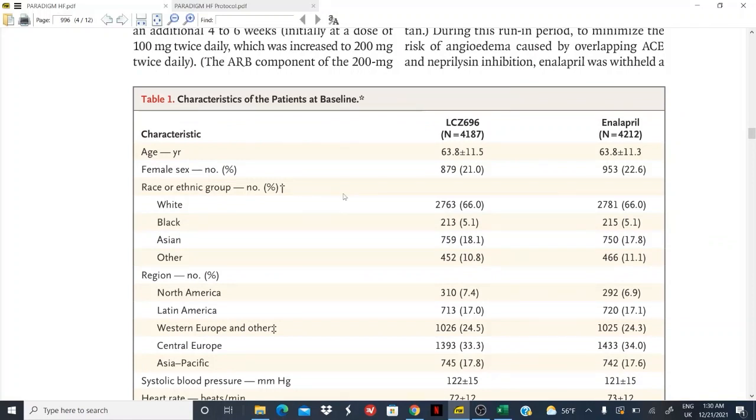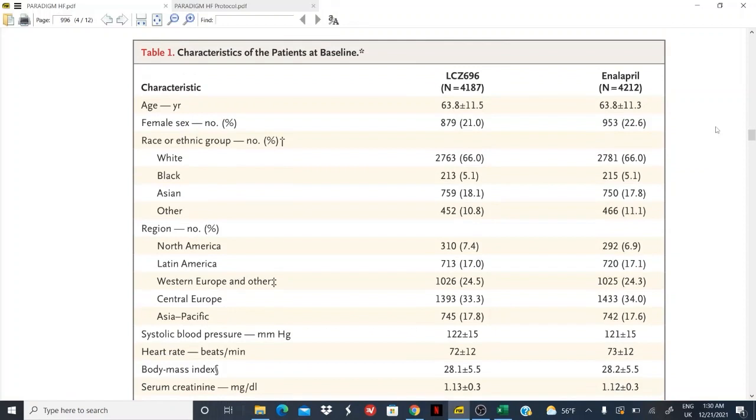Randomization doesn't mean that the baseline characteristics will be exactly identical. In some trials, they add a third column here with a p-value, and one of these p-values can actually be significant, suggesting that there's a statistically significant difference between the baseline characteristics of the two groups. That's not necessarily a hint that the randomization was subverted by the investigators, because it's completely expected if the randomization process was perfectly done.